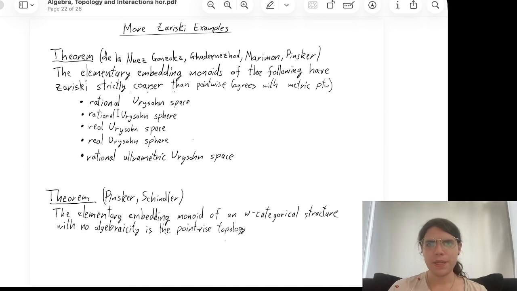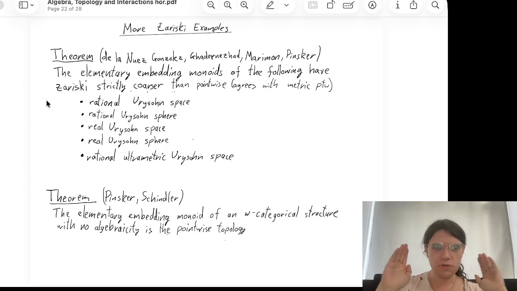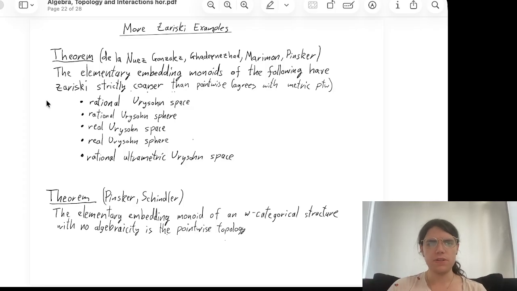Okay. So more examples of stuff we know about Zariski topologies. There's another paper by De la Nuez Gonzalez and Gajanezhad, Mariman and Pinsker. I apologize, I've mispronounced the names, which says that if you take the elementary embedding monoids of the following structures, then the Zariski topology is strictly coarser than the pointwise topology.